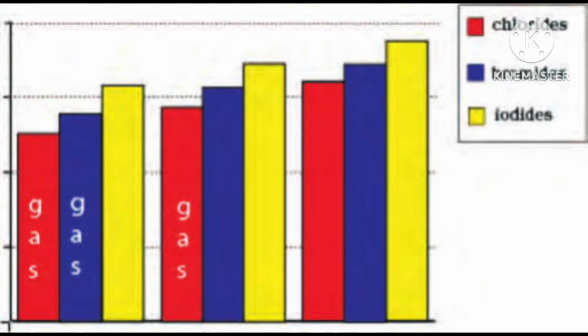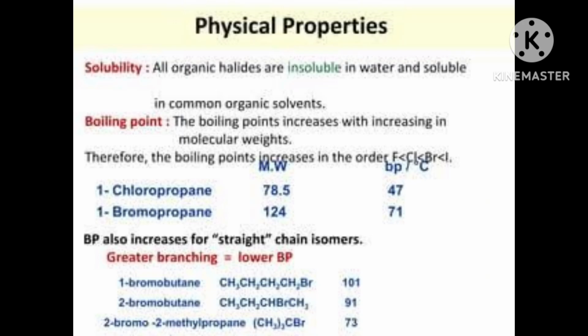Actually, this NaOH will give you OH minus, and that OH minus will go to the R. Here Nu is equal to OH, so the substitution product will be ROH. Similarly, if H2O is there, that will also provide OH and give you ROH.